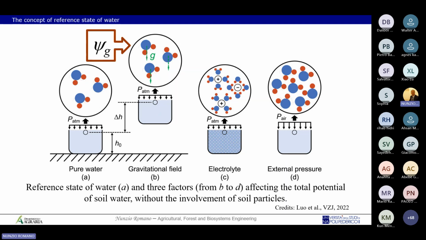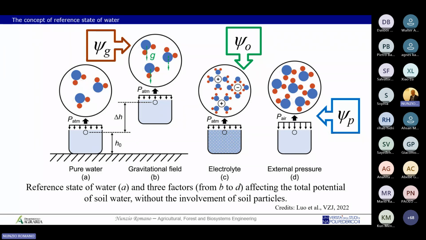But as I mentioned before, we are dealing with natural water, so water with solutes, and the osmotic potential does come into play. But there should also be the possibility that there is a different pressure from the standard atmospheric pressure, an increase or decrease of pressure, and then you have the pressure potential.